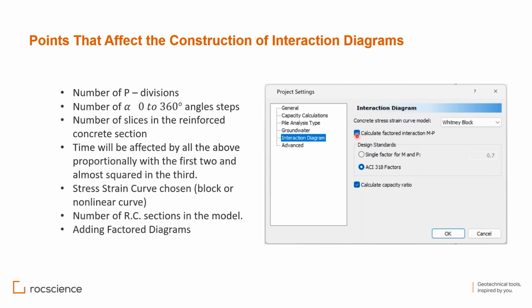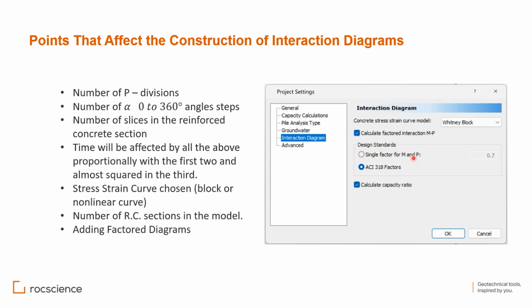Then you have to choose whether to calculate factored interaction diagrams or not. Do you want the factored or not? If you don't want the factored, then there is no meaning in calculating the capacity ratio. So when you uncheck this one, this is unchecked automatically. But if you check this one, you can ignore the capacity ratio calculations. Anyway, it's better to have them both.